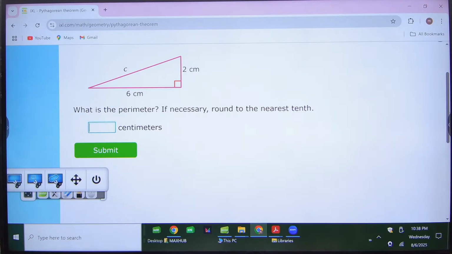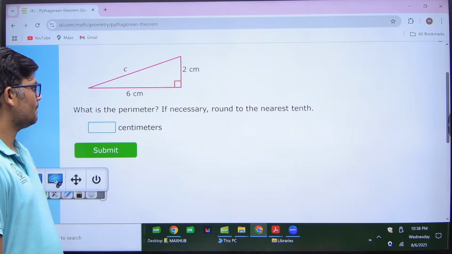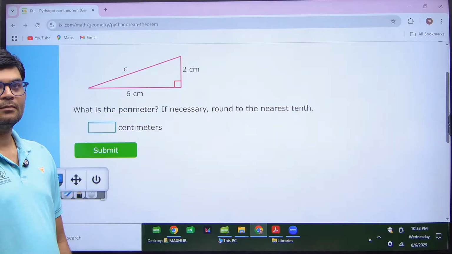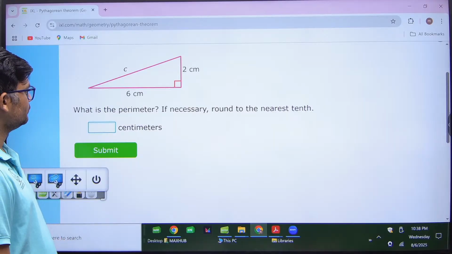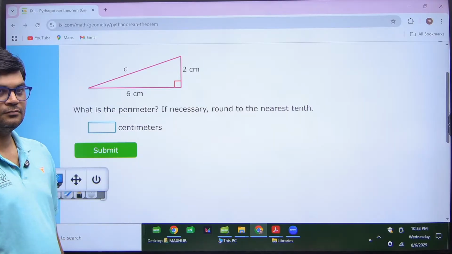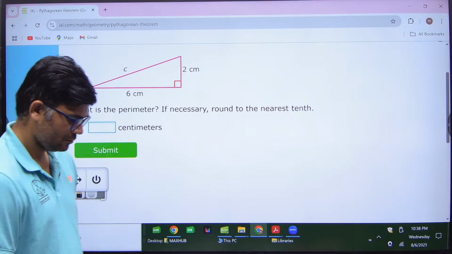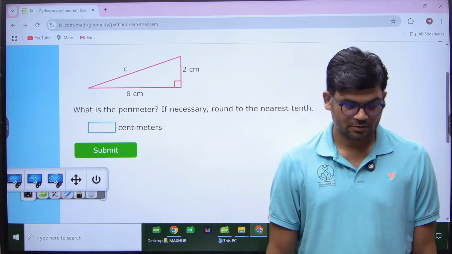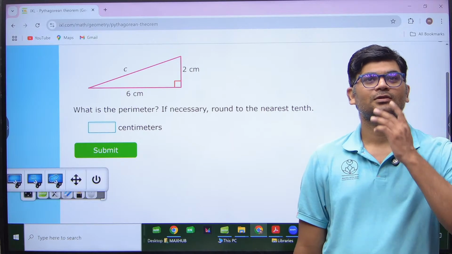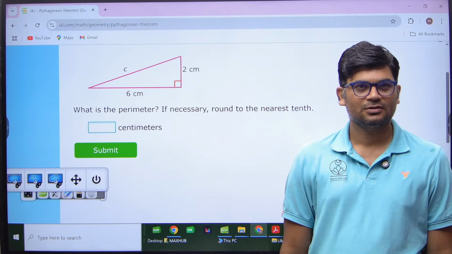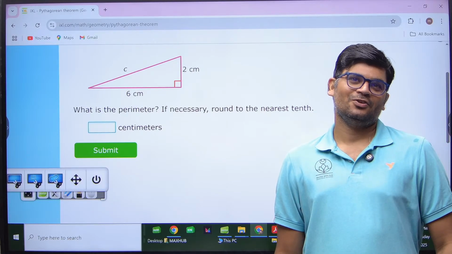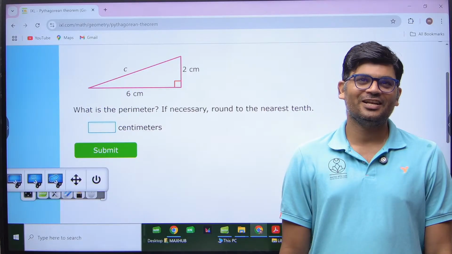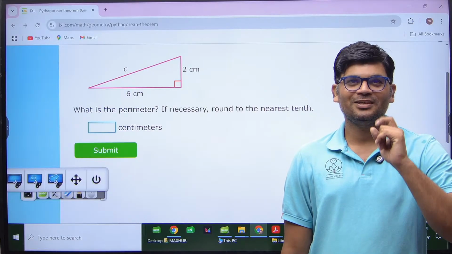36 plus 4 is 40. Square root of 40 is 6.32. Come on dear, you know 48 is very close to 49 and the square root of 49 is 7.